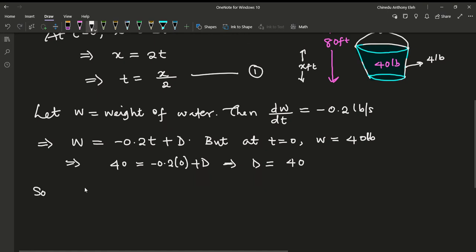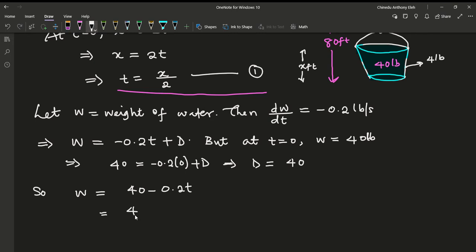So clearly the relationship between weight and time is 40 minus 0.2t. And now it helps to return to the equation we already have. We want to characterize the force as a function of distance. So plug in t from there, we get 2 over 10, and then t is x over 2, right?